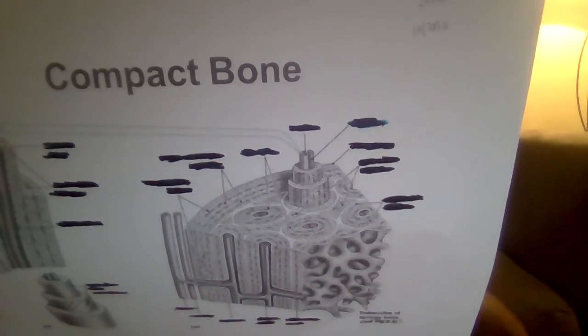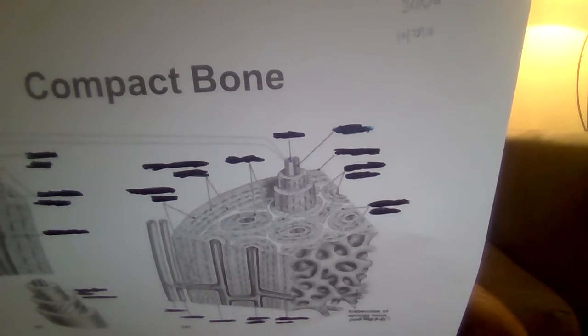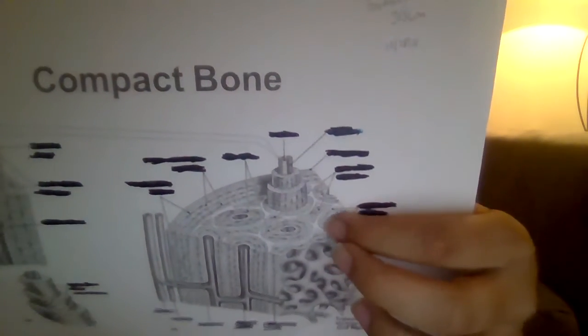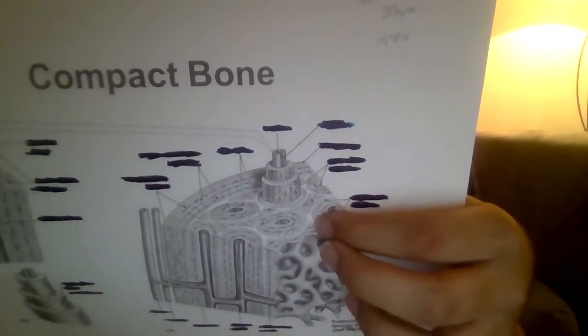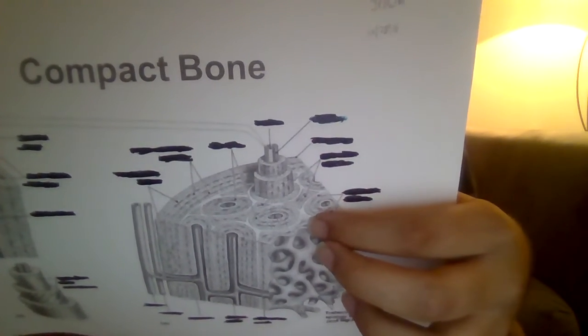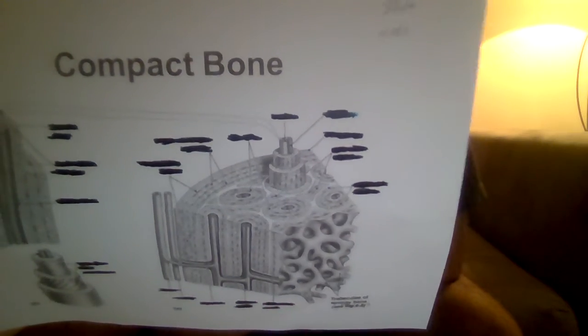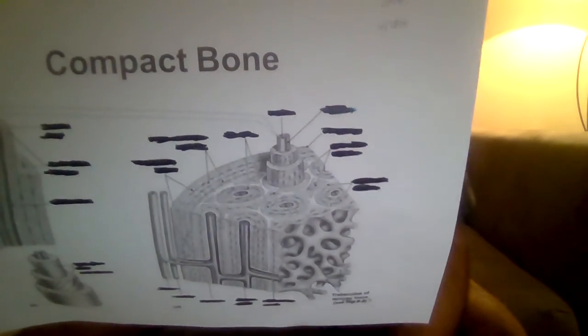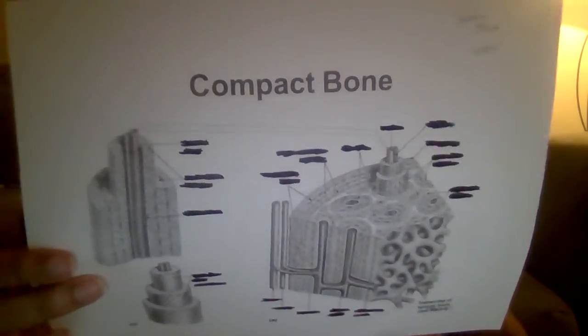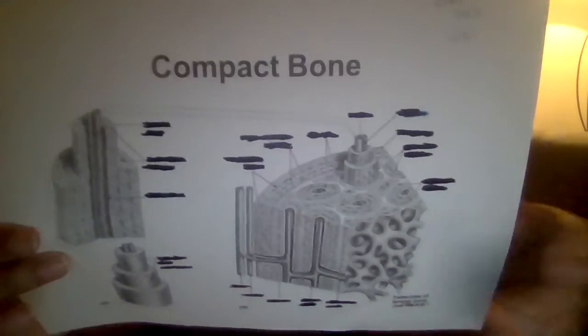You have the canaliculi, which are around the concentric lamellae and link the lacunae. Then you have a central canal, and that is right here.